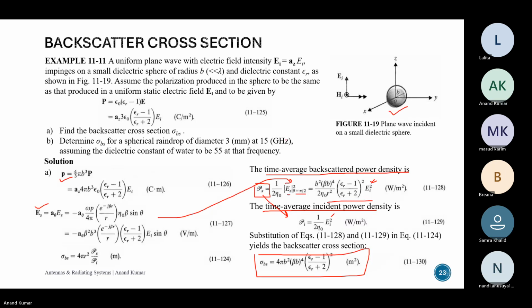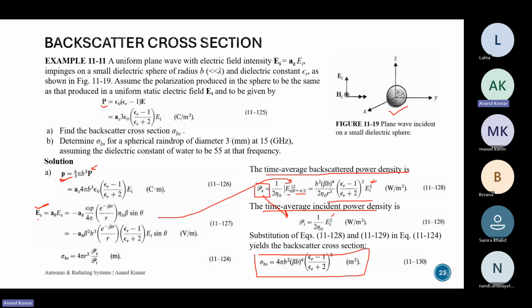I'll pause over here if there are any questions on this. So what we did was we had the polarization vector given to us. We used that to calculate the dipole moment. Substituted the value of P over here, and from this dipole moment, we calculated the electric field value.